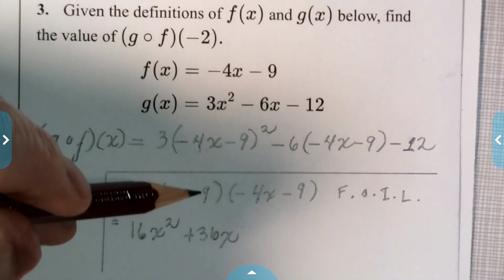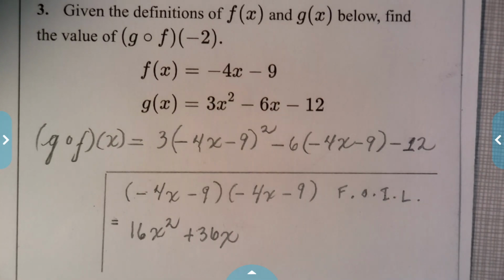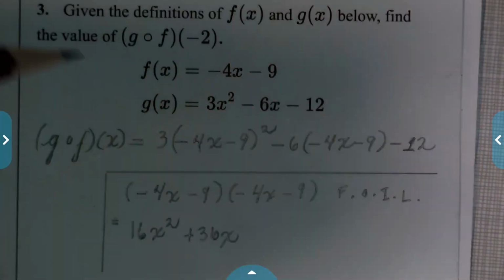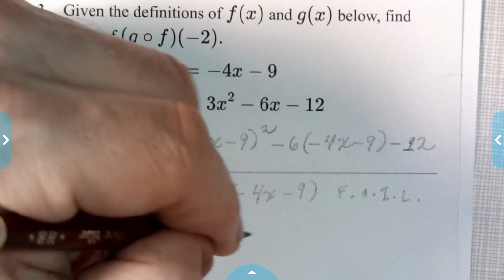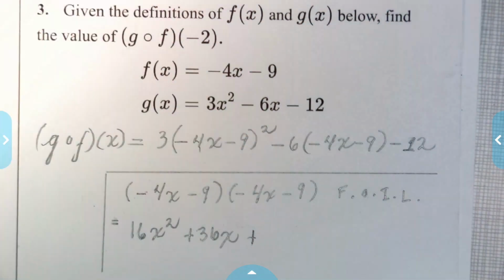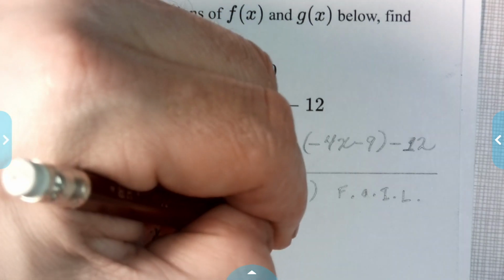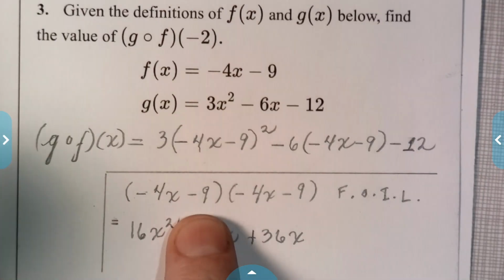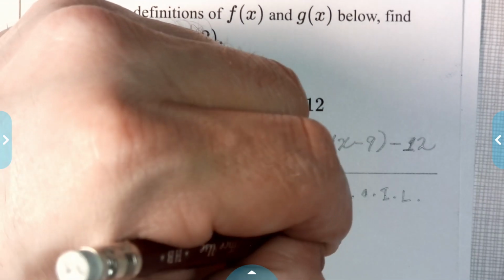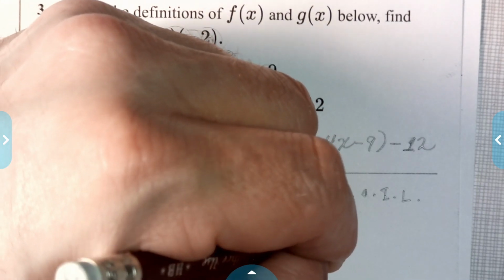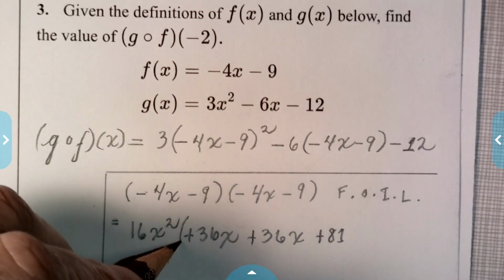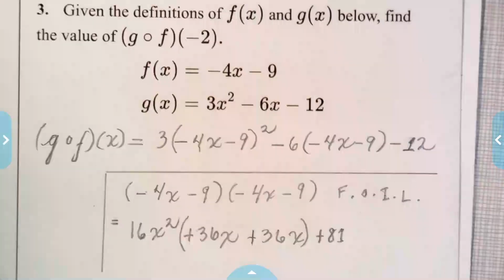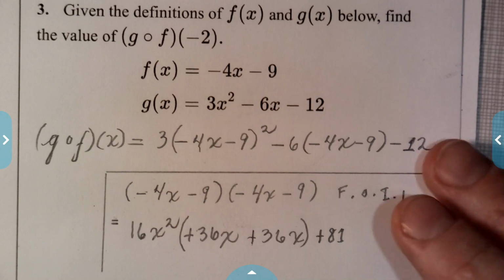Inner, negative 9 times negative 4x. That's going to be positive 36x. And then last, negative 9 times negative 9, positive 81. Okay. These middle terms always combine, and 36 times 2 is 72.